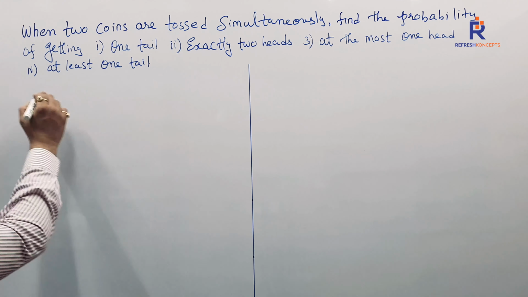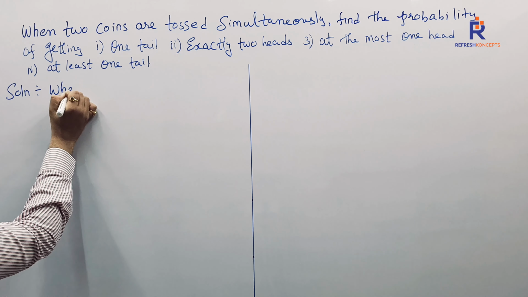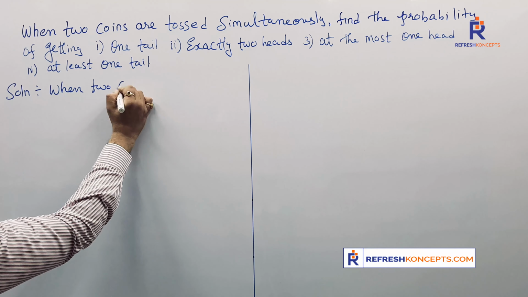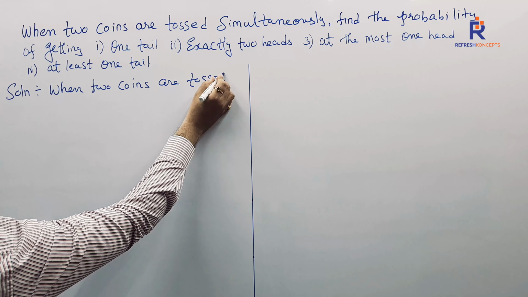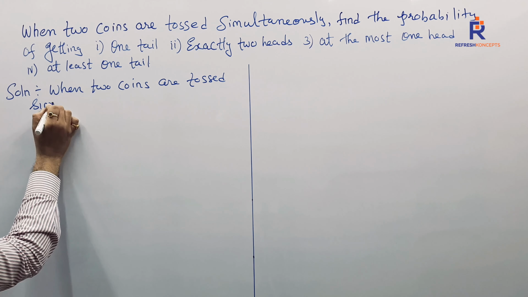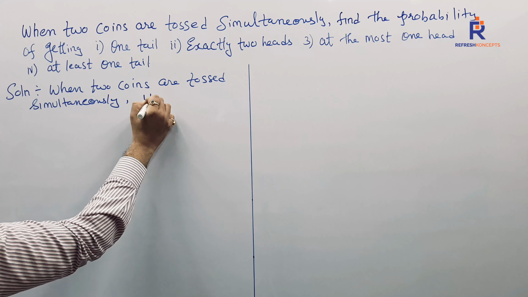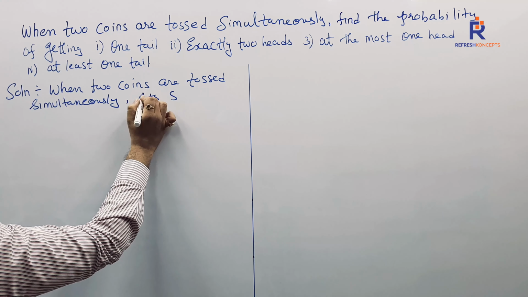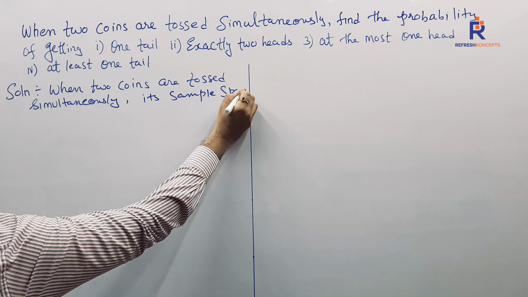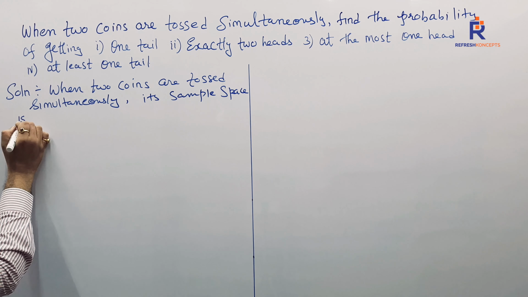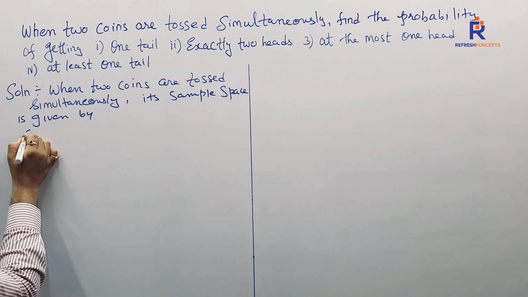So we write down our solution as: when two coins are tossed simultaneously, its sample space is given by, as you all remember, sample space is always denoted by S.